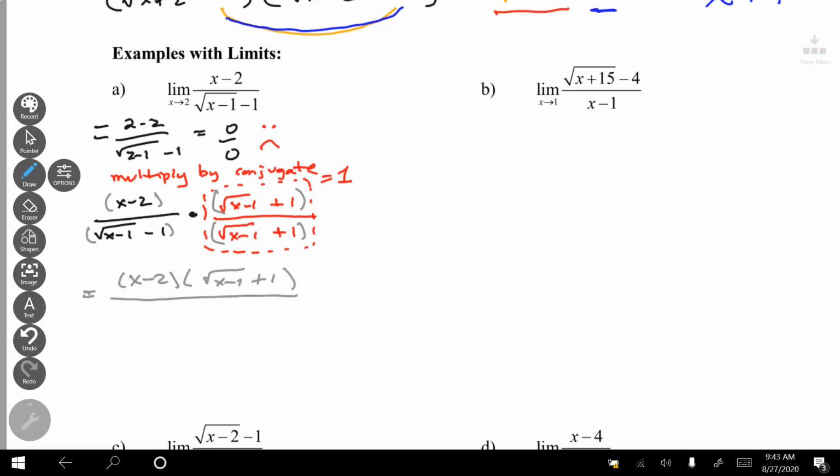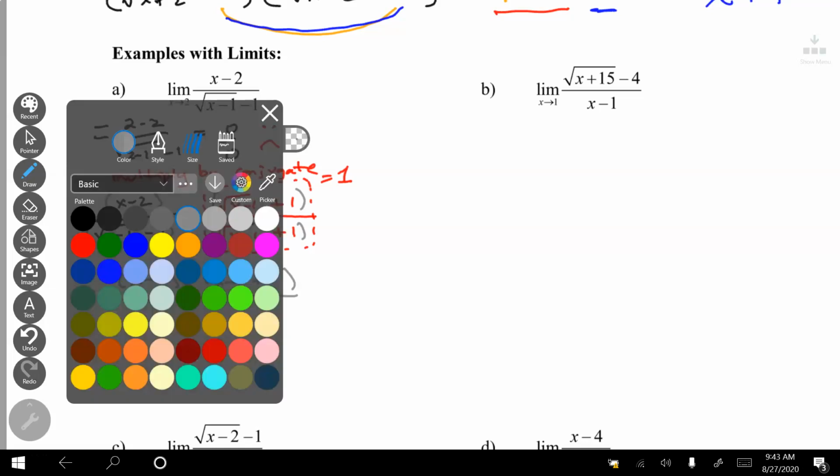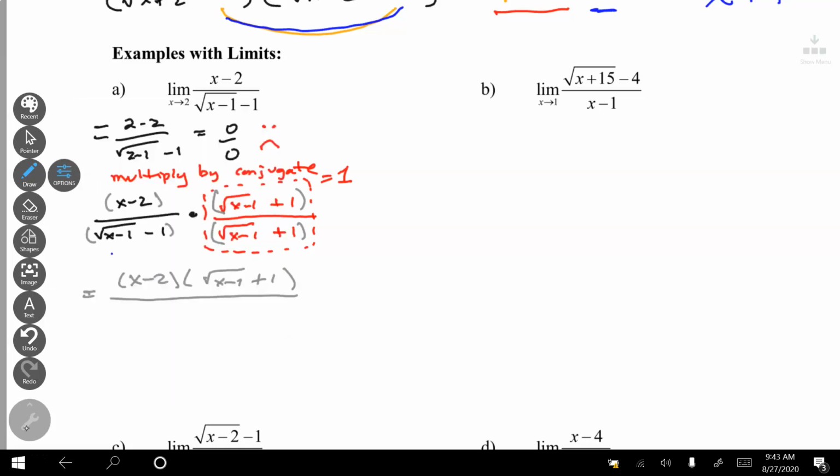Now, when I do the bottom, this is the conjugate business. Square root of x minus 1 times the square root of x minus 1 is just x minus 1. And then I have minus 1 times plus 1, which is minus 1.